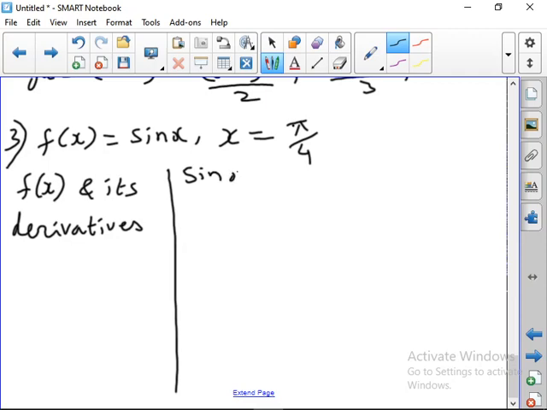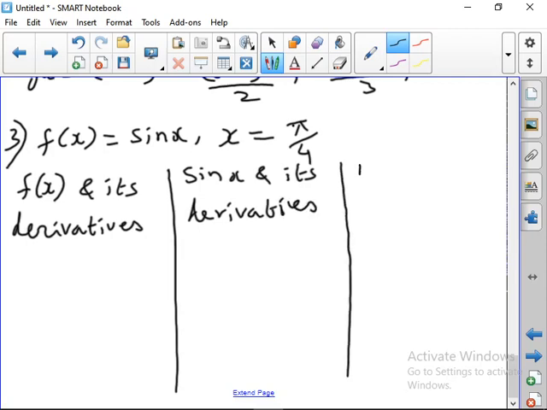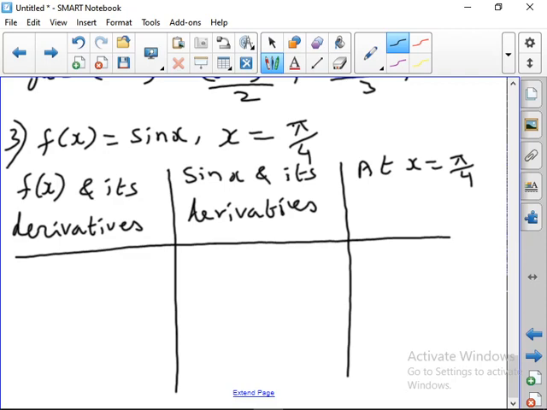Sin x and its derivatives. Then we have x equal to pi by 4. So what is f of x? f of x is sin x.